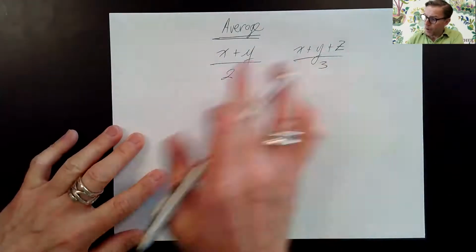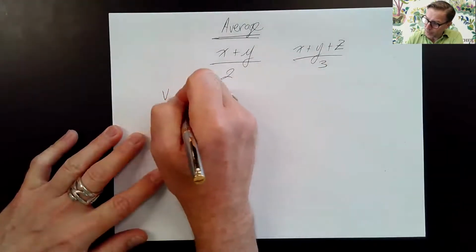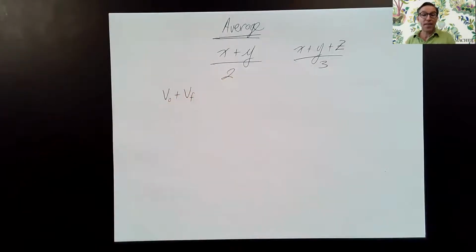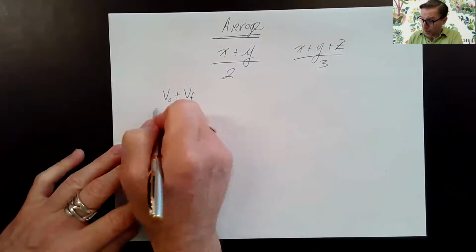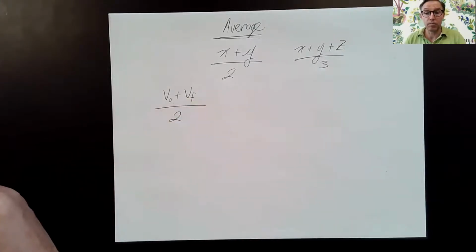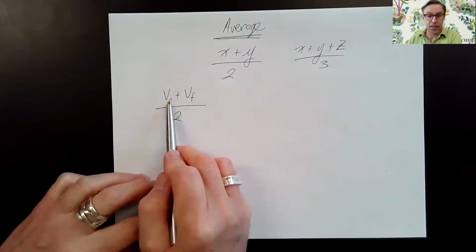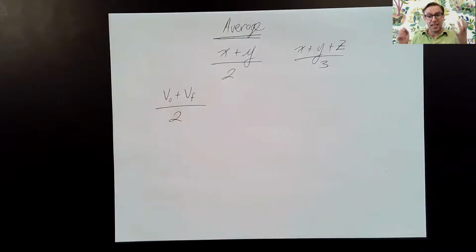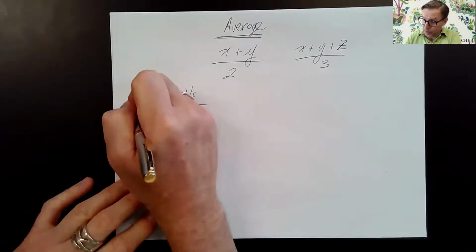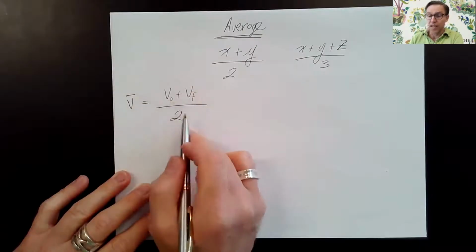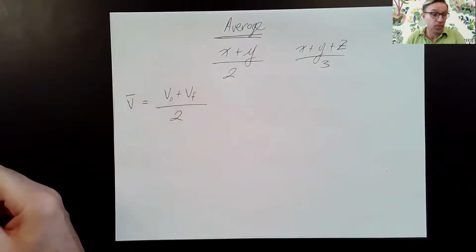So what I had here was an initial velocity and a final velocity. And if I want to find the average of those, I'm going to add them together and divide by 2. If I start with an initial velocity v initial and I end with a final velocity v final, a simple way of finding the average velocity, which I sometimes write as v bar, is initial velocity plus final velocity divided by 2.